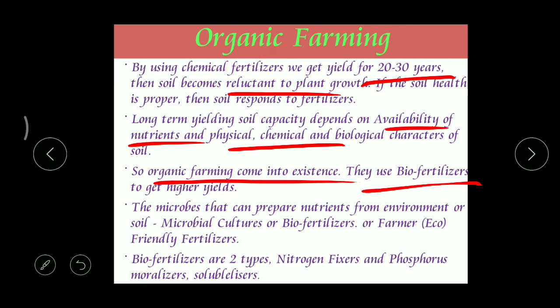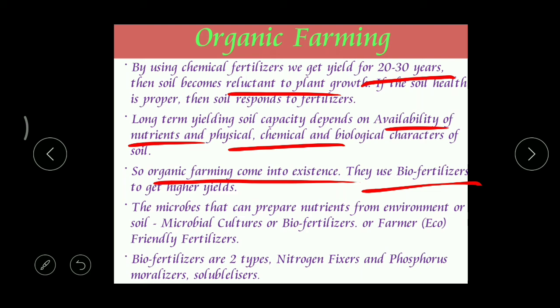Here the microbes can prepare nutrients either from the environment or from the soil. We already discussed rhizobium. What's the use of rhizobium? From the atmosphere, it absorbs nitrogen, converts that into nitrites and supplies them to the soil.